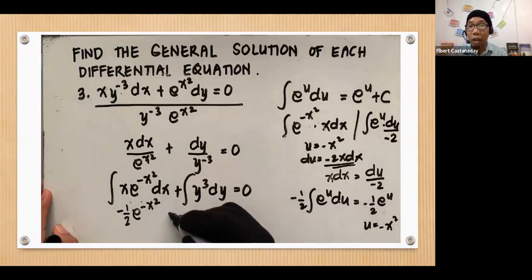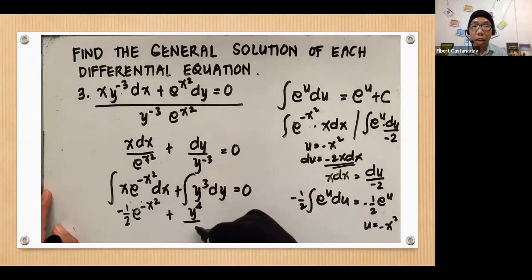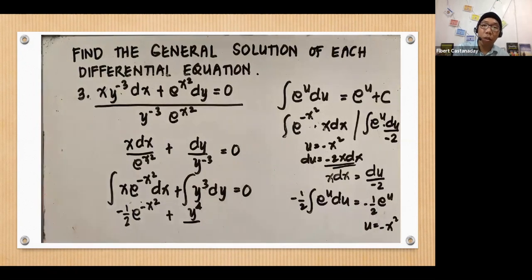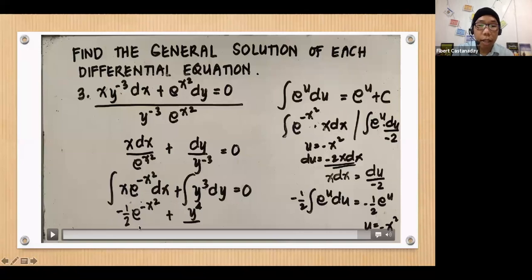Clear na tayo dun sa ganong technique for separation of variables. Now, what we're doing here is actually solving, doing integration na. Okay, then -1/2 e raised to negative x squared is the integral of this given term.